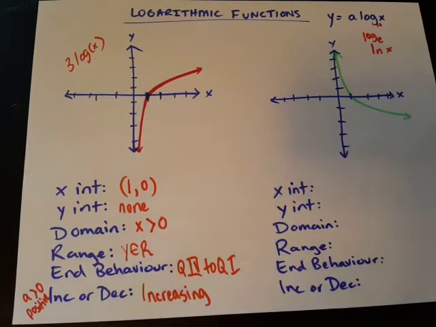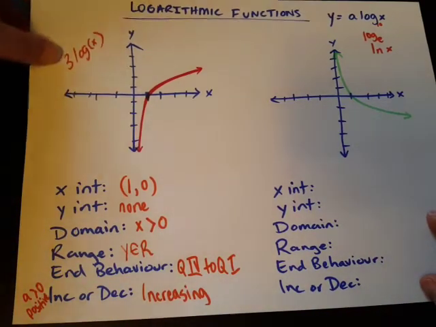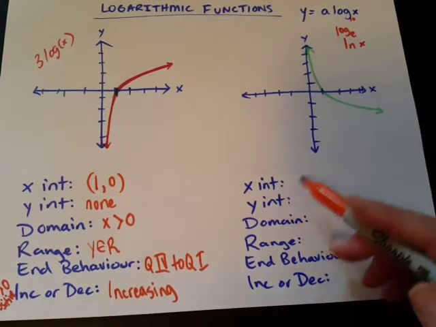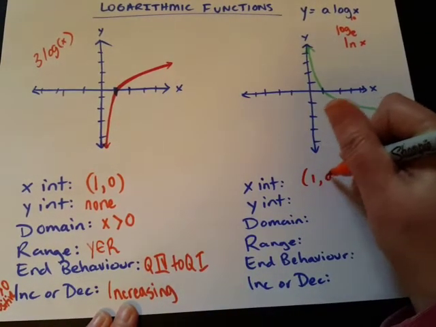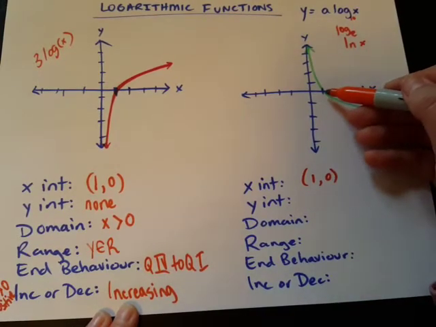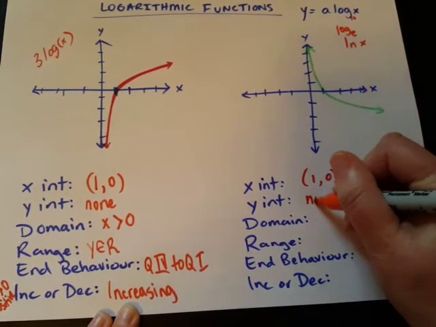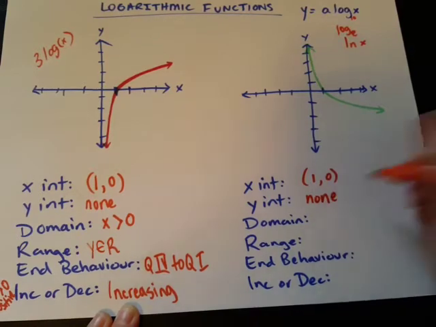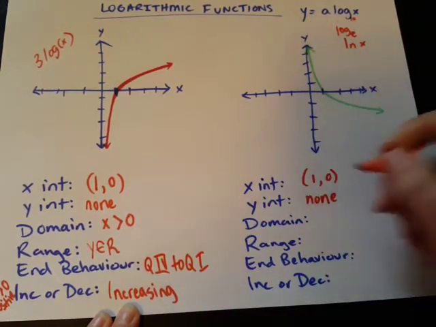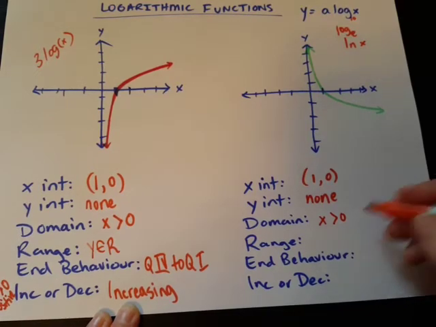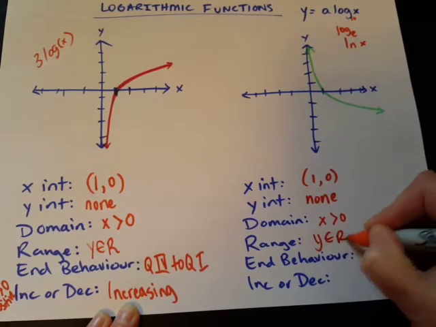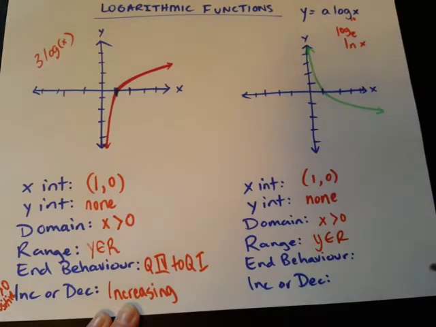If we look at the other sample, we see the same x-intercept, strangely enough. We see that crossing at (1, 0). We see that there's no y-intercept at all. The domain, x is still greater than 0. The range, y is in the set of all real numbers.